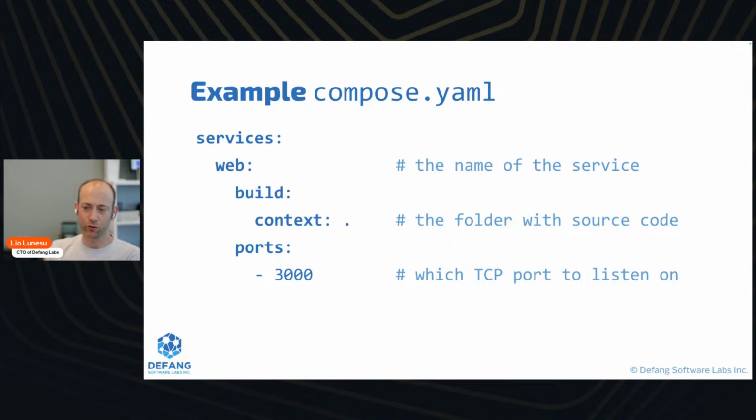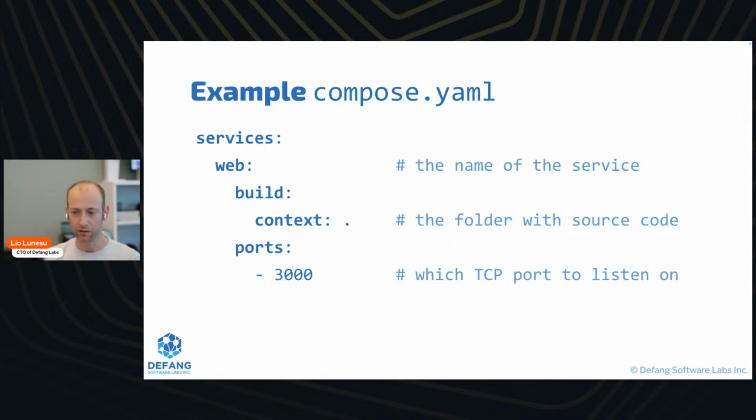So services has different services under them, and you show that by having those leading spaces to each section. And similarly, build and ports, those are properties of the web service. And again, you show that by having more indentation, more leading spaces. So be very careful with that indentation. Like Python, it's very important. It's semantically relevant.